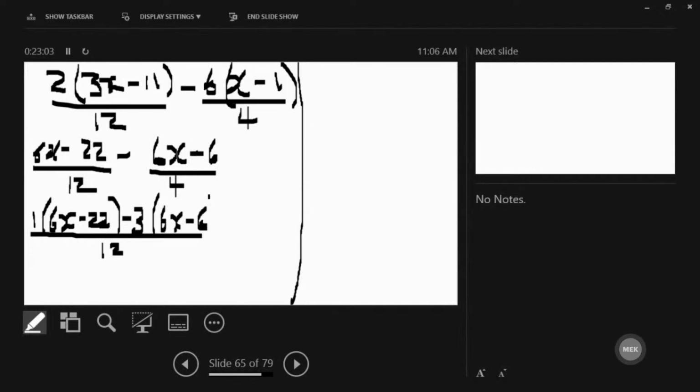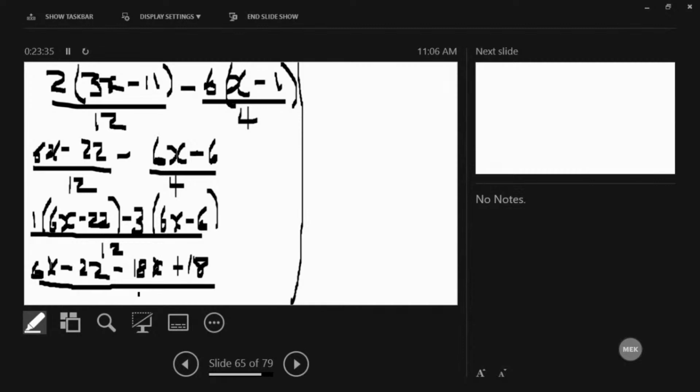So expanding this bracket now, we're going to end up with the same 6x minus 22 because we're multiplying it by 1. And negative 3 times 6x is negative 18x. Negative 3 times negative 6, that's a positive 18, all over 12.